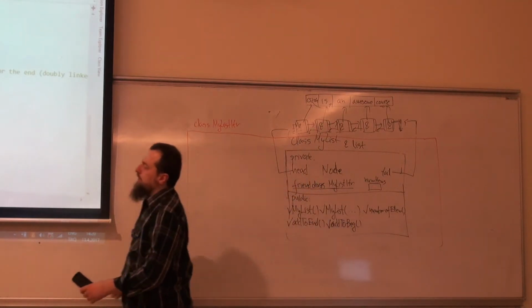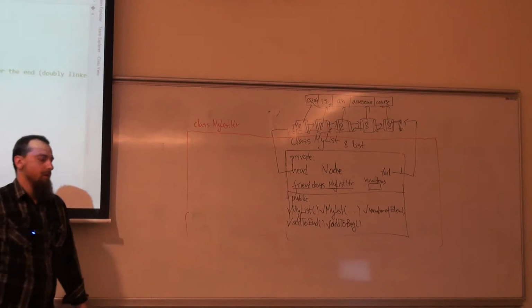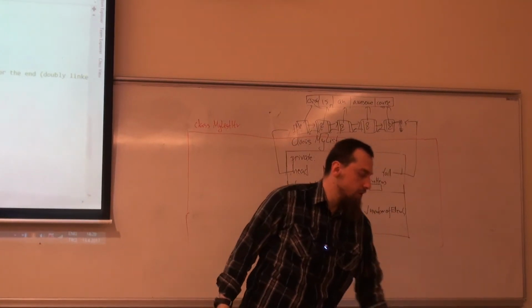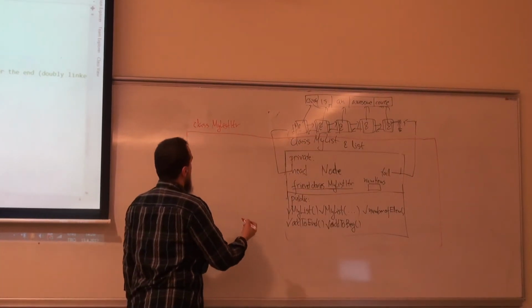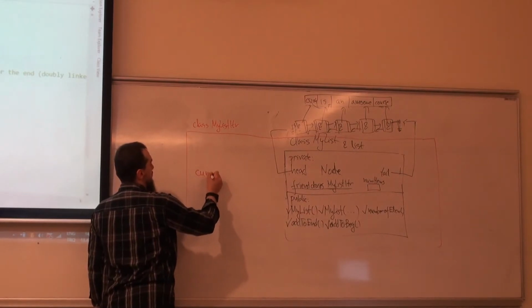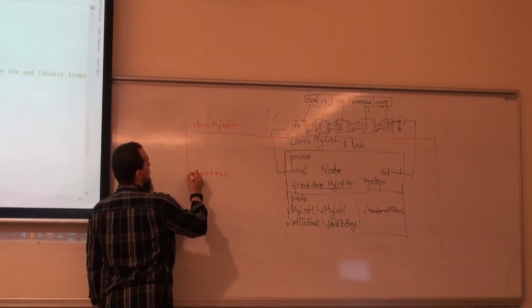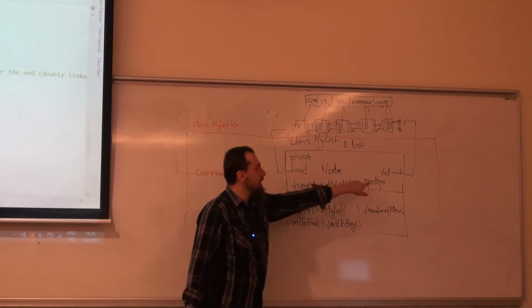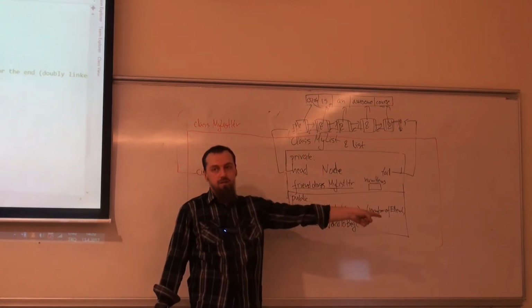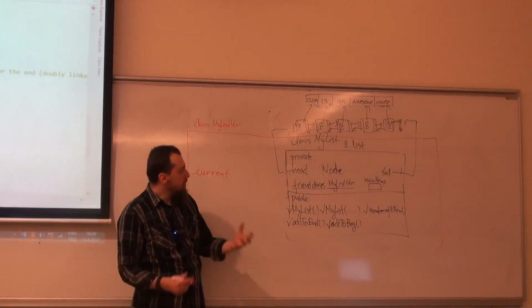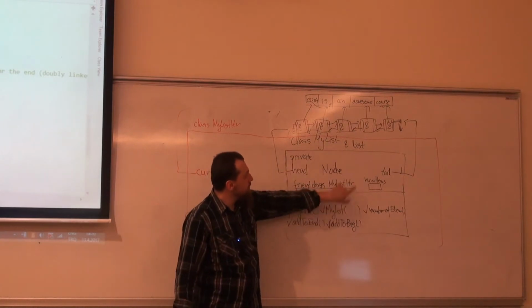Okay, what else do we have here? We have a pointer to a node which is called current. So I'm going to write the pointer. The name of the pointer is current. And it's a pointer just like the head and the tail inside the mylist class. So the object of the mylist class here is called list.